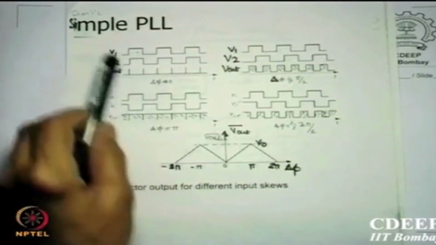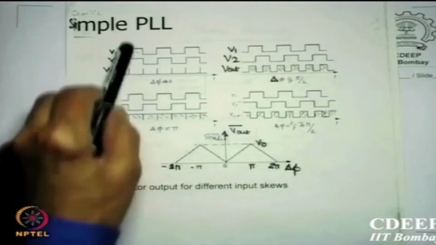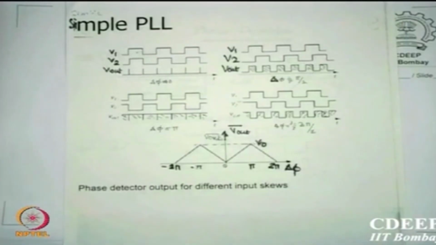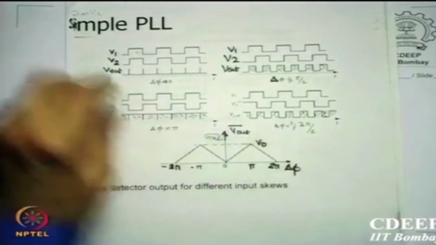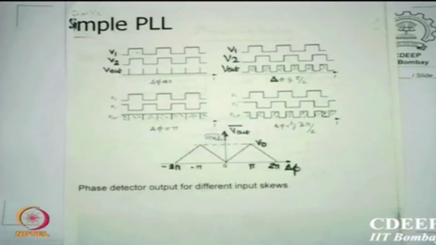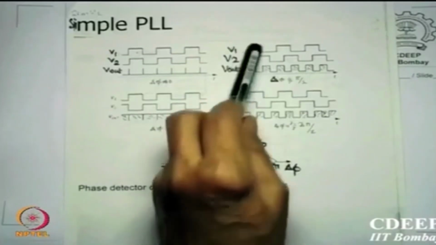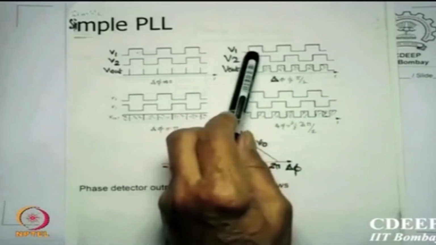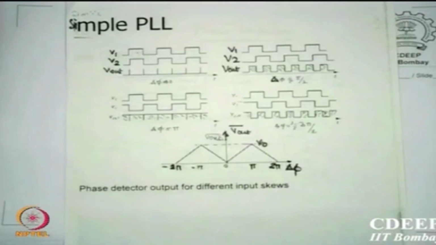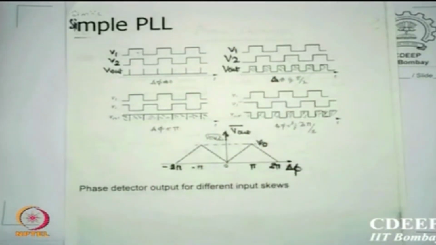If between the two V1, V2 there is no change in phase, only for a very short duration transitions occur, so the output also transits, okay, because even if we say it is 0, it is never exactly 0, it is marginal, so it gives markers. However, if it is pi by 2 as shown here, 50%, so for this time 0, but half the time there is 1, so you get an output of square waves of this kind.